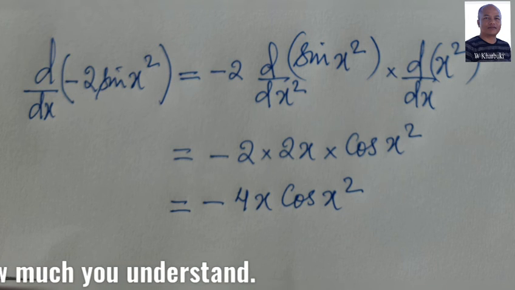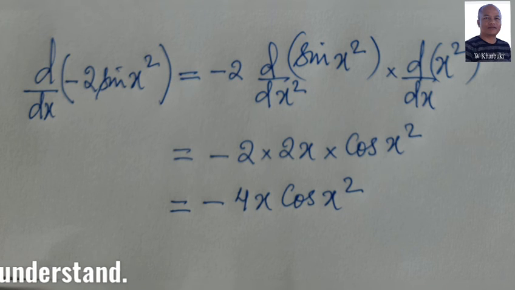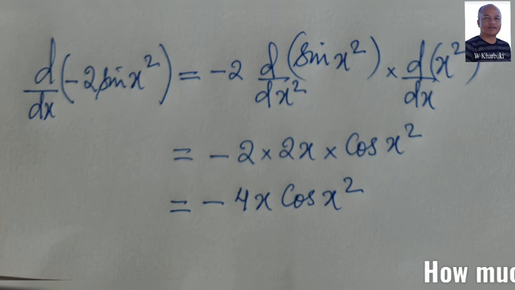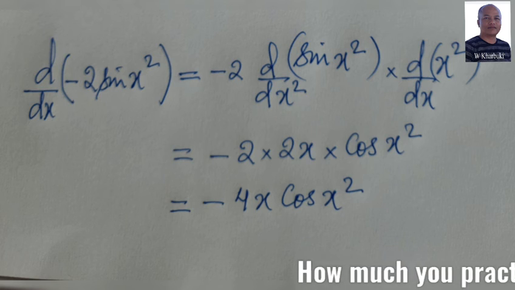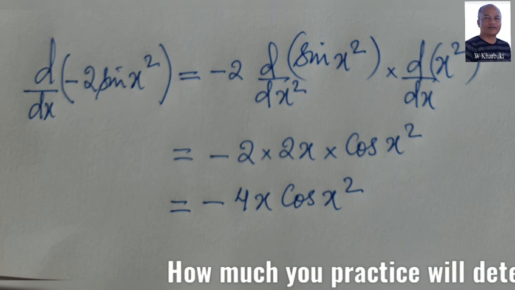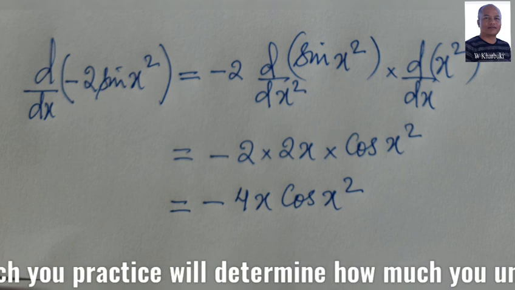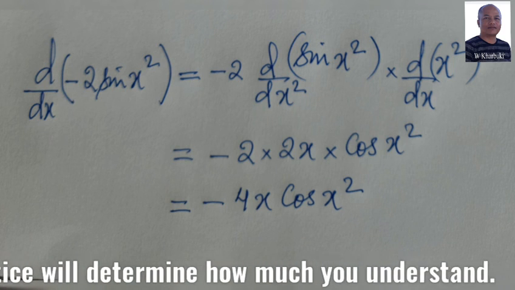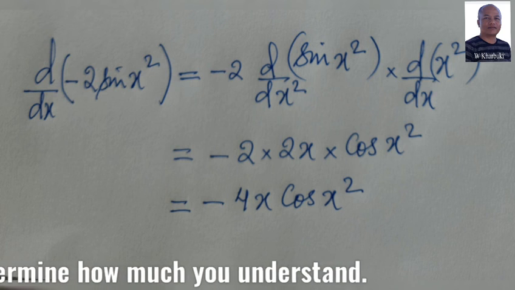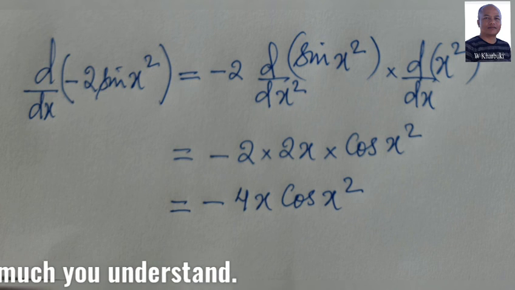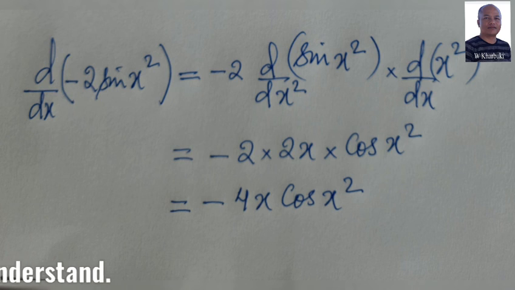In case a constant is attached to the composite function or to any function, what we do is we simply take out the constant and we carry out the process just like you have seen before. So here, if you have a function minus 2 sine x squared, the derivative of that is minus 4x cos x squared.